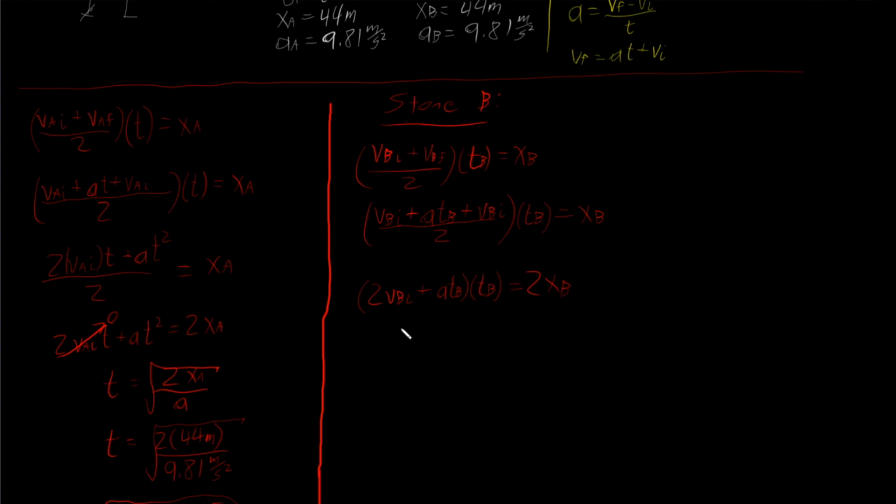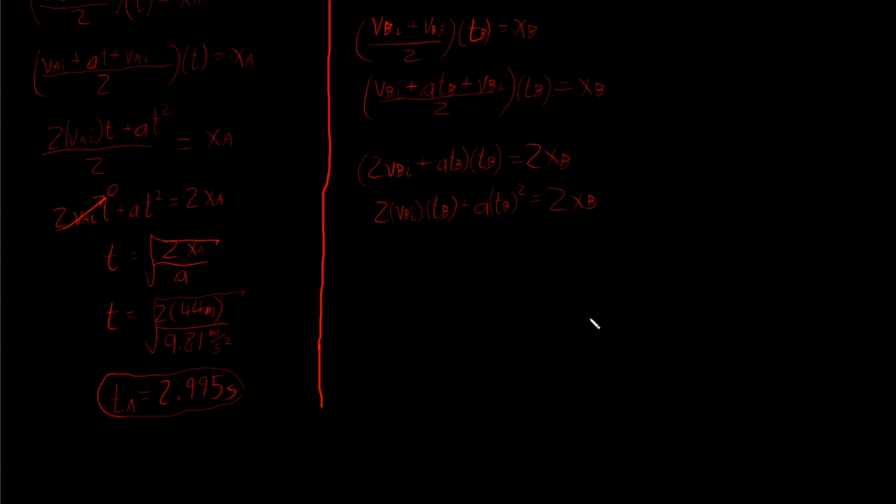Okay, so let's continue isolating for the initial velocity of stone B. We can multiply this time B into here. So we have 2 times the initial velocity of stone B times the time that stone B is falling, plus acceleration times the time that stone B is falling squared, is equal to 2 times the distance that stone B travels.